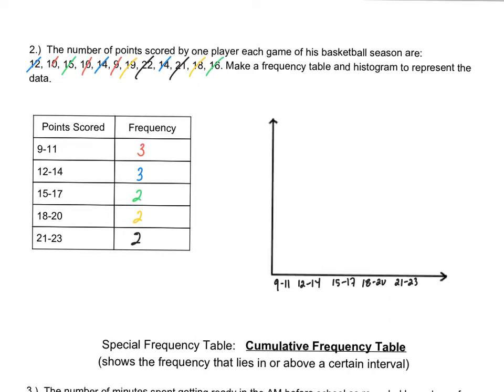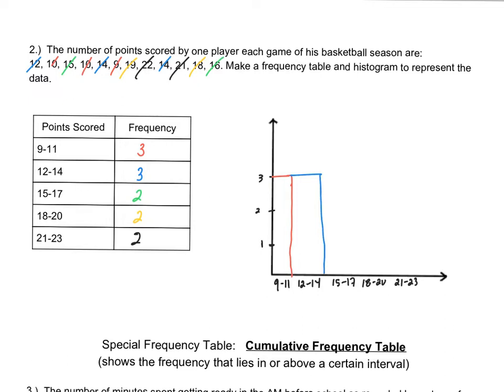So now what I'm going to do, well, first I'm going to label on the side. So we'll say this was 1 for a frequency of 1. That would indicate a frequency of 2, and that there indicates a frequency of 3. So 9 to 11 was frequency of 3, so that piece of the histogram needs to go up to there. For 12 to 14, that was also 3, so that part is going to have the same height.